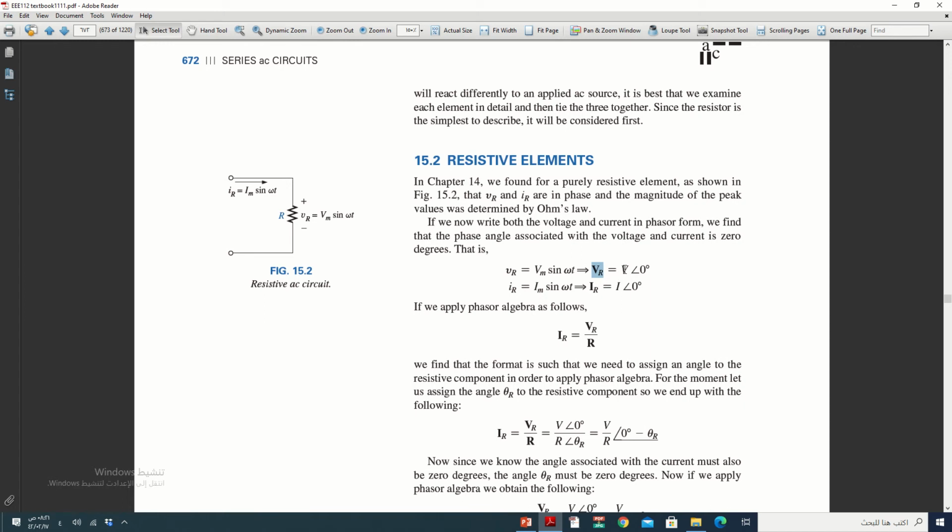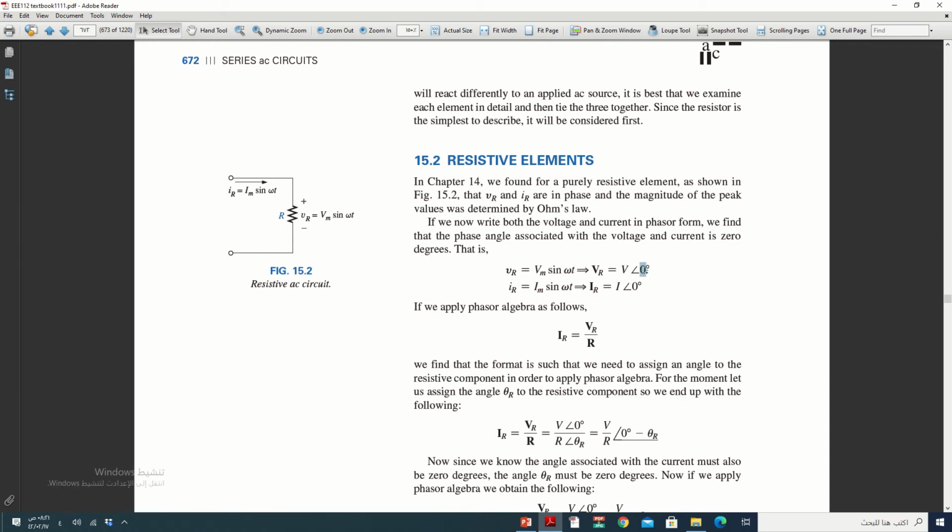This V does not equal Vm. This V is RMS, and this Vm is the peak. For example, if we have 200 for the peak voltage, we need to find the VRMS. How to find the VRMS? By dividing by root 2. 200 divided by root 2, you will get VRMS.